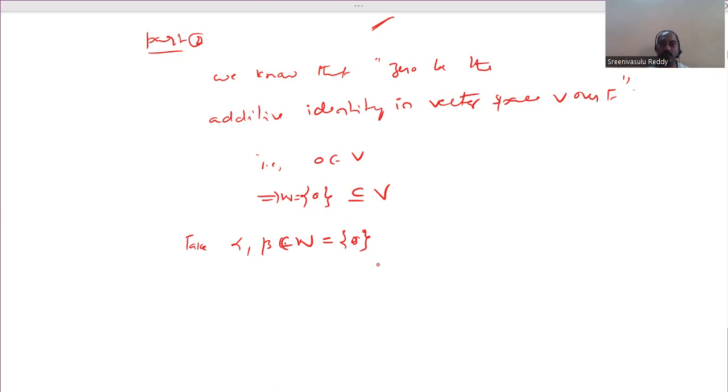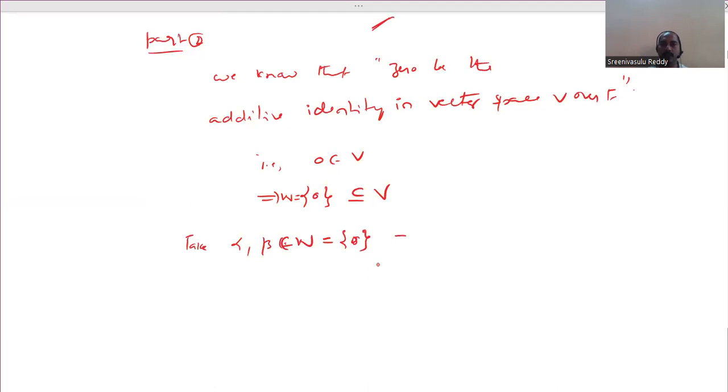If these two are distinct, I will inform you beforehand that alpha, beta are two distinct elements. Likewise, alpha, beta belong to W means they may be equal or not equal. Two possibilities are there.